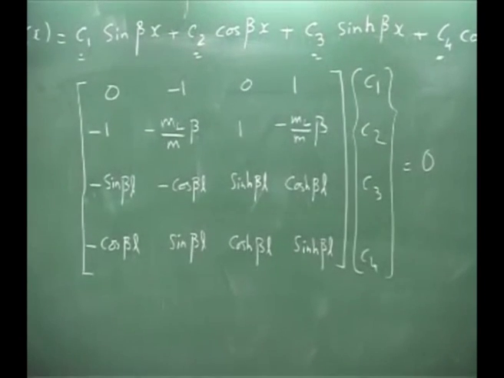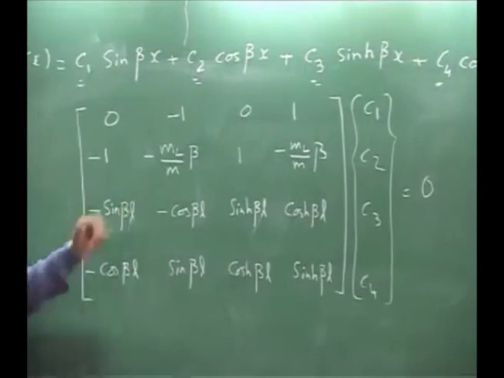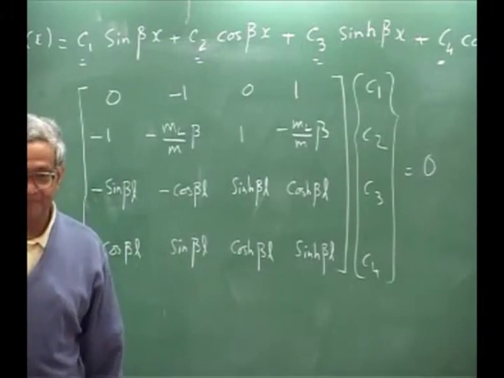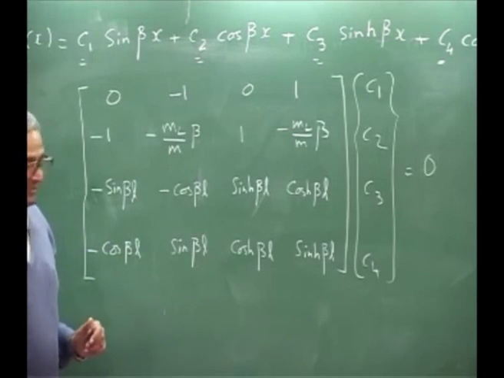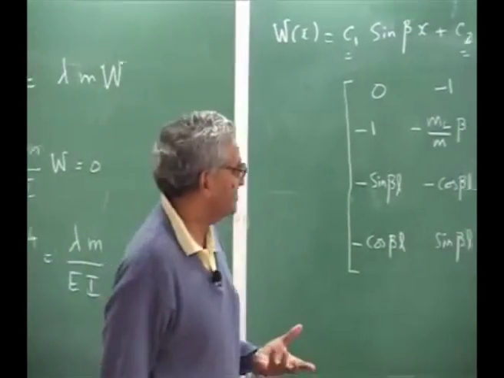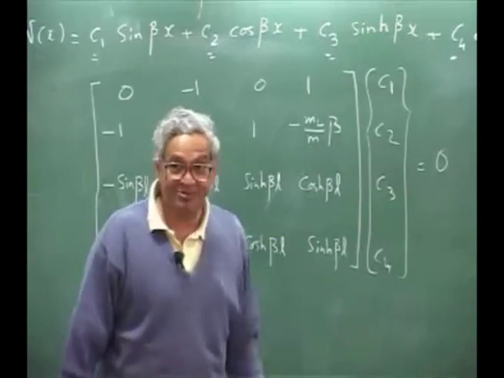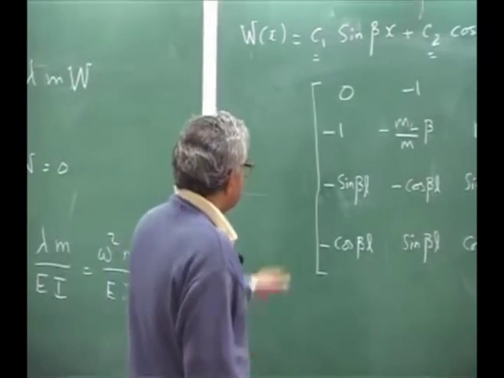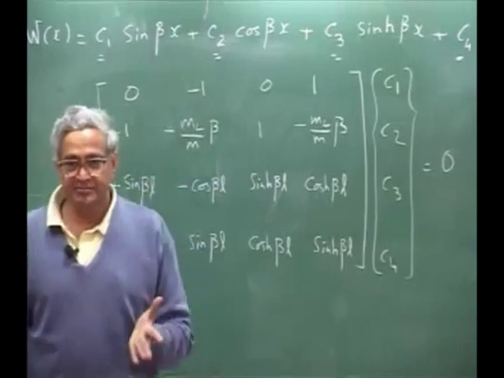Now this is my boundary condition equation. In this, the unknowns are, of course, C1, C2, C3, C4, but you also do not know beta. For this to have a non-trivial solution, non-trivial meaning C1, C2, C3, C4 all zero is exactly a trivial solution, you say the determinant of this matrix is 0.